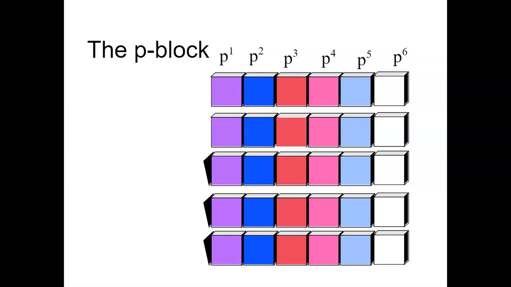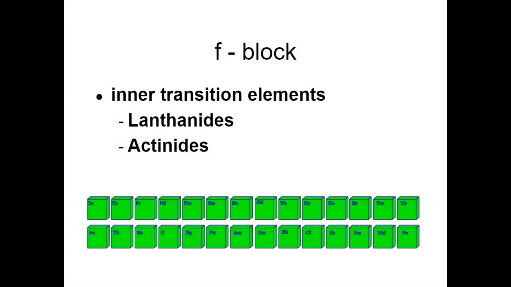Okay, for P block, starting above boron, put P1 and go through P6 above your noble gases. And then your F block, it's kind of a little off, but you should start with LA and put F1 and go all the way across through F14.